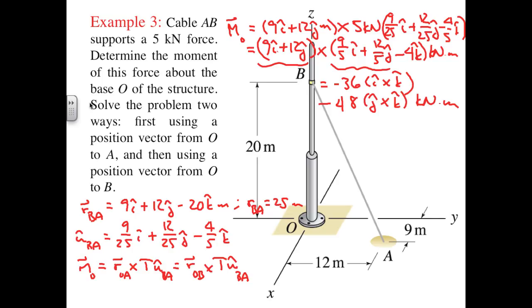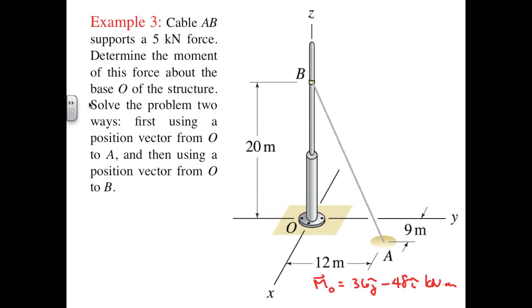Using the fact that I cross K is minus J and J cross K is plus I, this gives us 36J minus 48I kilonewton meters.